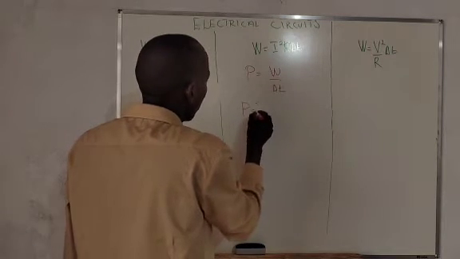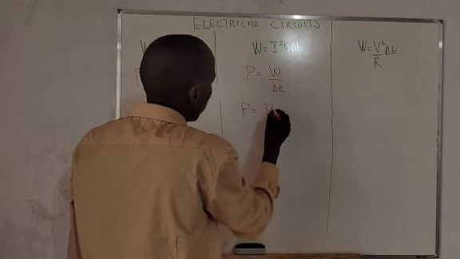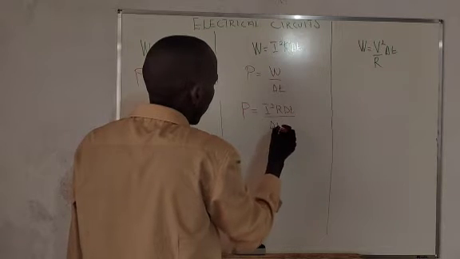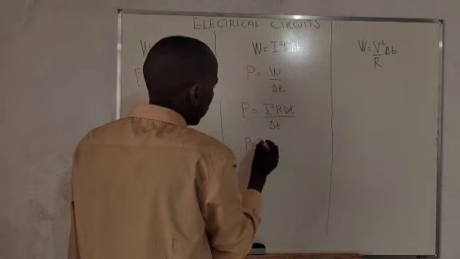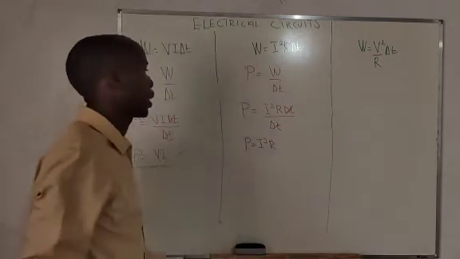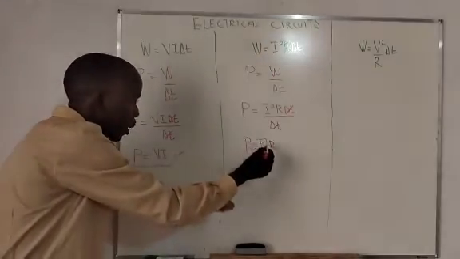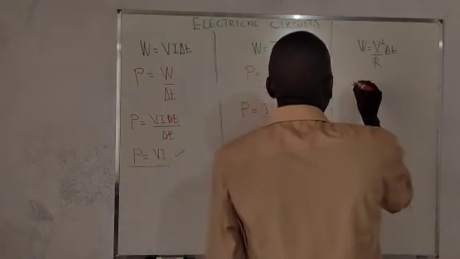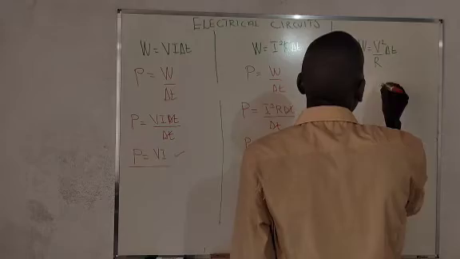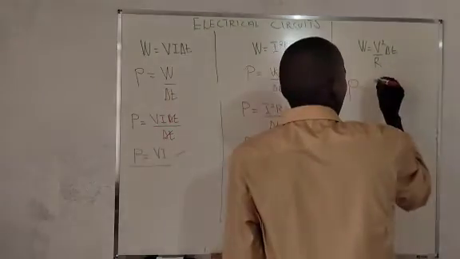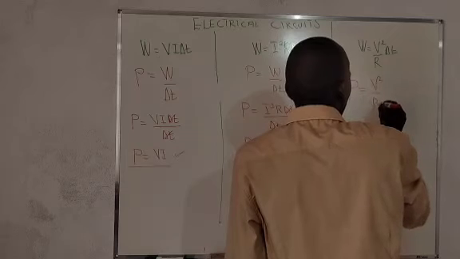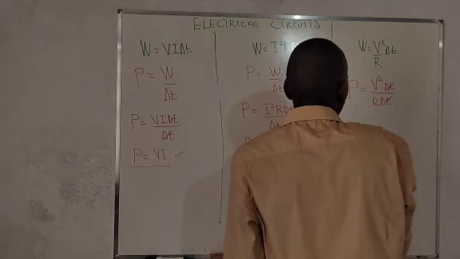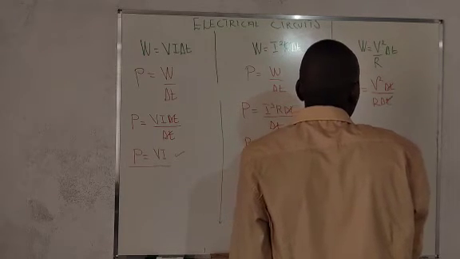So power is equal to I squared times R times delta T, then we just divide by delta T. Then power is given by I squared times R. Then, as we proceed, we can also say power is given by V squared over R times delta T, and then we divide by delta T, so we have V squared over R. So here are the last formulas you can use to calculate power.